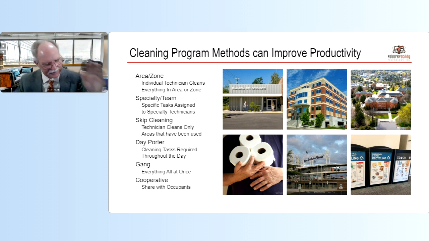He just doesn't do trash worth beans. And then you got the guys that do the floor care, and you got guys that may do different tasks better. So if you use the specialty or team system, you're relying on the performance abilities of each side of that.